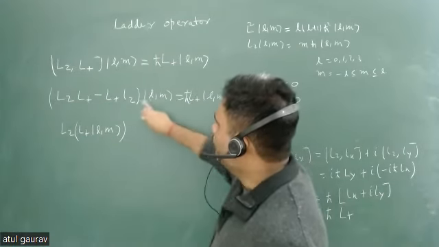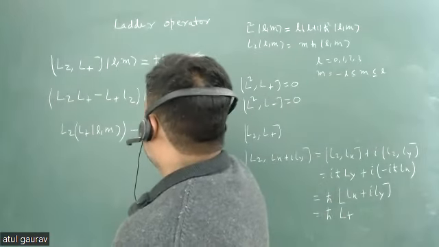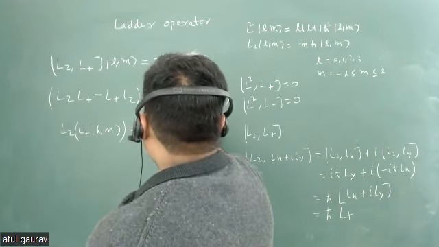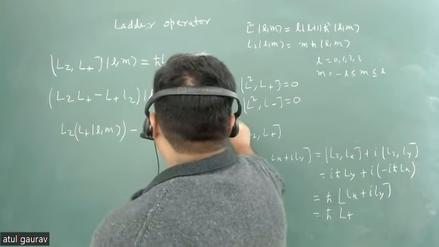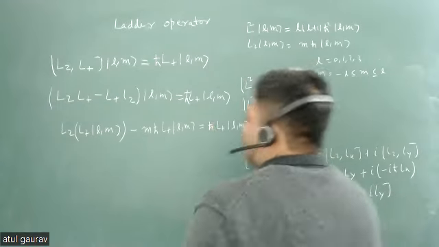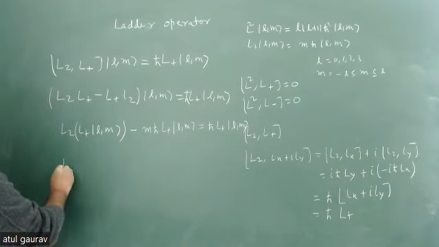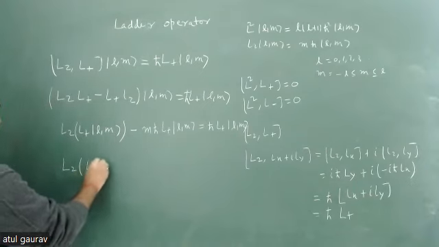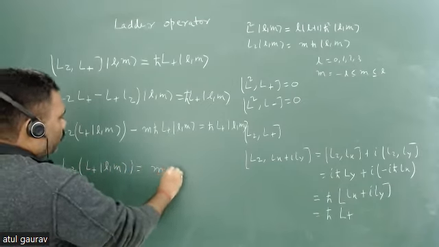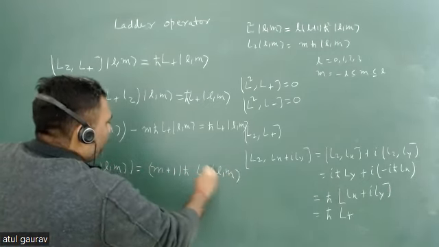Lz operating on |l m⟩, what will you get? mħ |l m⟩. So L plus |l m⟩ is equal to ħ L plus |l m⟩. Are you happy? Now this will go to the other side. Then what will happen? Lz L plus |l m⟩ is equal to (m+1)ħ L plus |l m⟩.